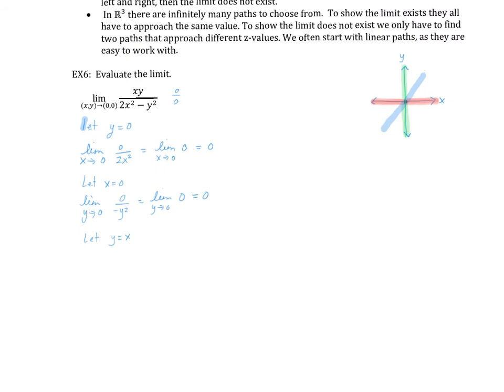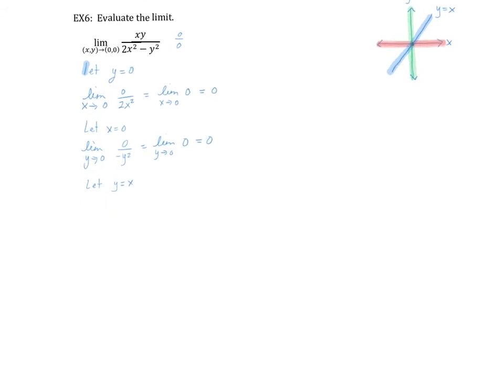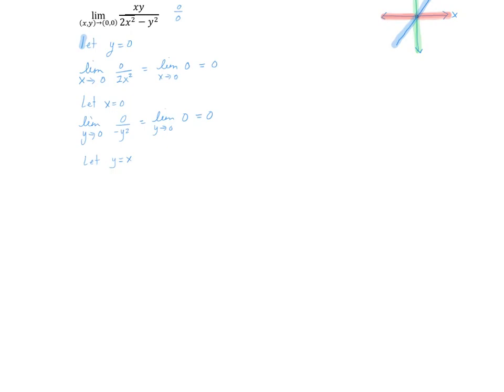Because this is that diagonal line, y equal to x. So here's a third path. All right. In my limit, I'm going to replace my x value with y to get the limit.